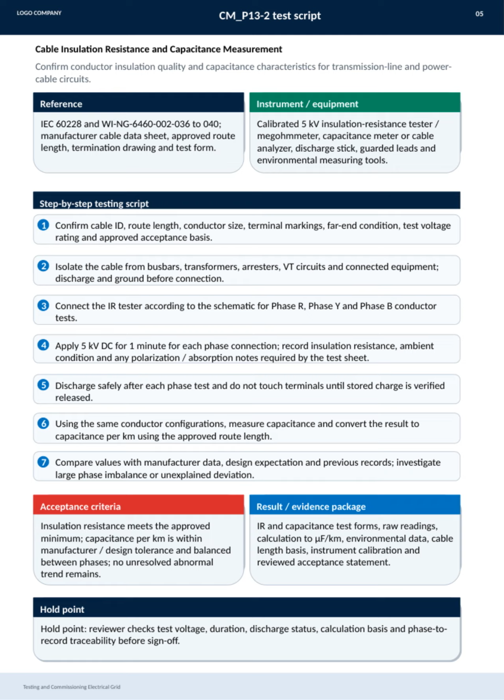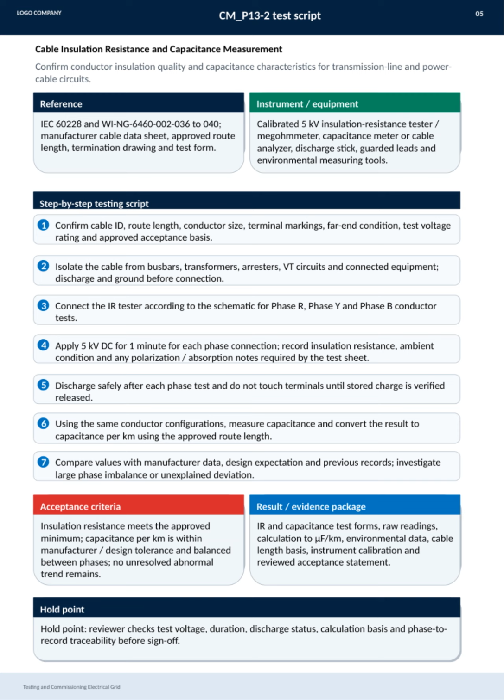For equipment, we use a calibrated 5 kV insulation resistance tester, capacitance meter, or cable analyzer, plus discharge sticks and guarded leads to ensure safety and accuracy. The step-by-step testing begins by confirming cable identification, route length, conductor size, terminal markings, and test voltage ratings.